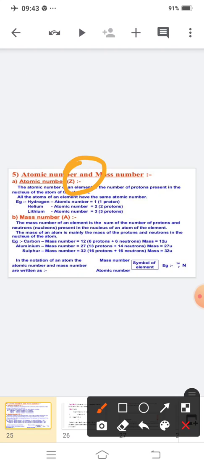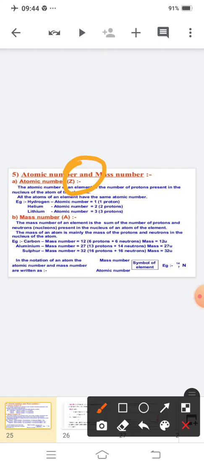All the atoms of an element have the same number of protons in their nuclei, and hence they all have the same atomic number. It is the number of protons which distinguishes the atom of one element from the atom of another element.